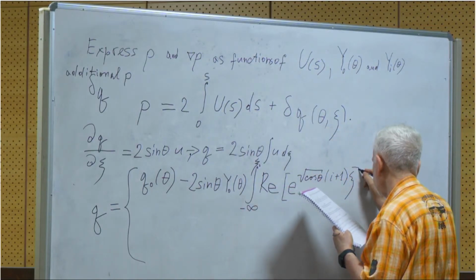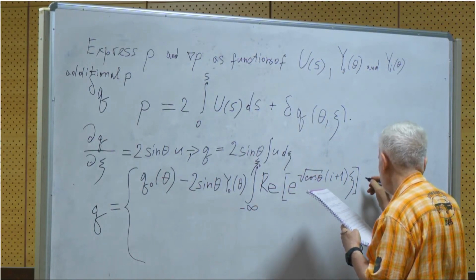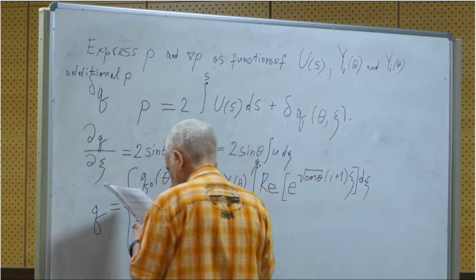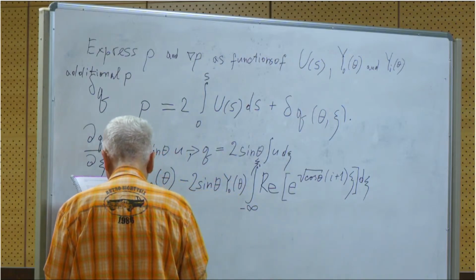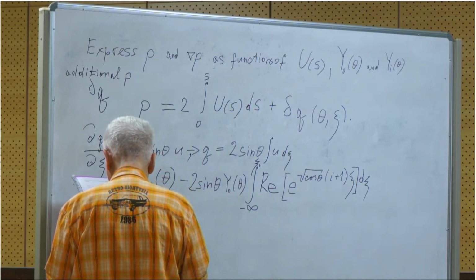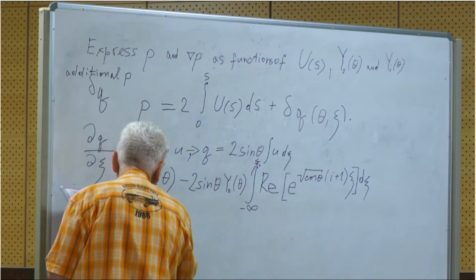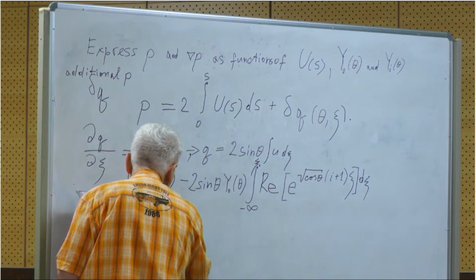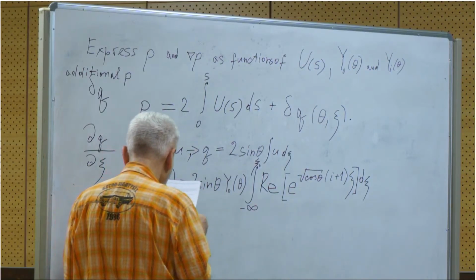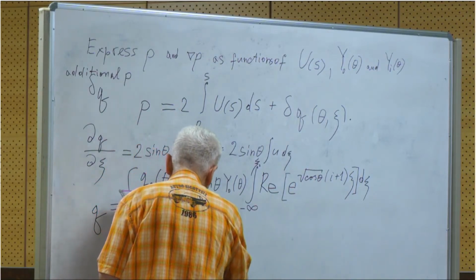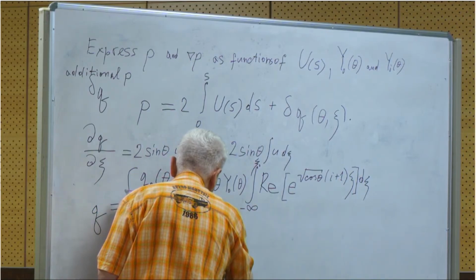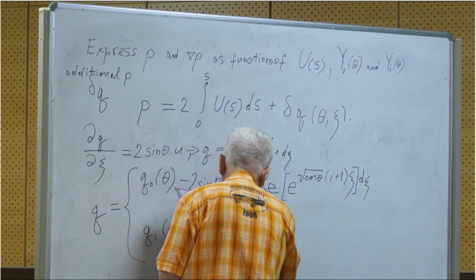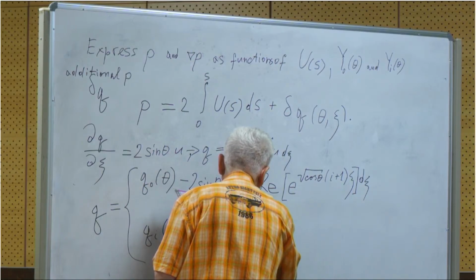Okay, here the real part of this, and this integral over dxi. And we have quite similar stuff for the inner boundary: some arbitrary function Q I, minus again 2 sine theta, and a function of theta.